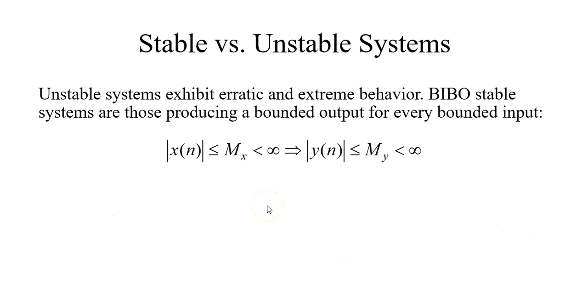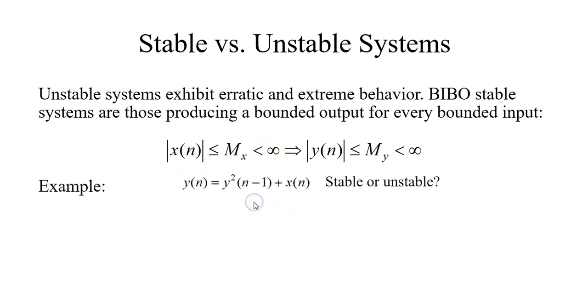Stable versus unstable systems. Unstable systems exhibit erratic and extreme behavior, which means we have what we call bounded input, bounded output. Stable systems produce a bounded output for every bounded input. This is an example of a system: y of n equals y squared of n minus 1 plus x of n.